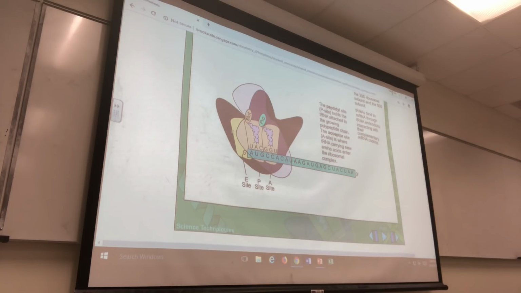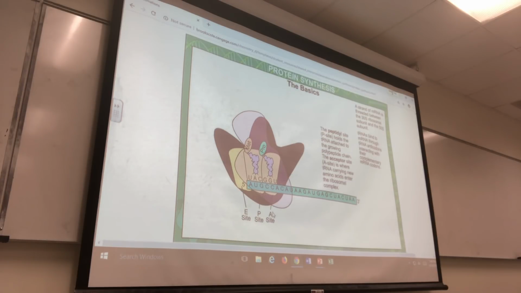There are 3 spots in the ribosome. I will break down when we get to the main steps, but if you want the names right now, there's a site called an A site in the ribosome, a P site, and an E site. The A site, to give you a preview, is called the acceptor site, where new tRNAs are going to enter the ribosome. The P site is the site in the ribosome where it's forming peptide bonds, because remember way back in exam 1, peptide bonds are what connect amino acids together.